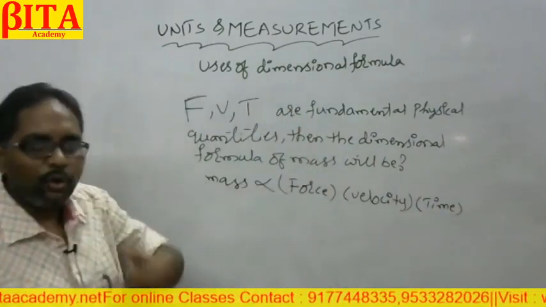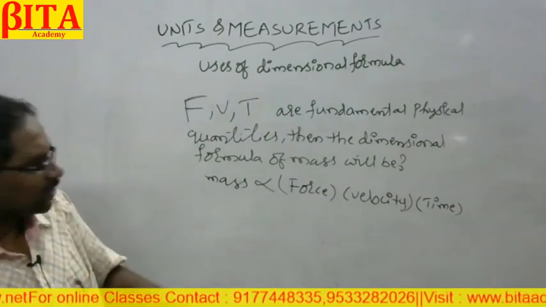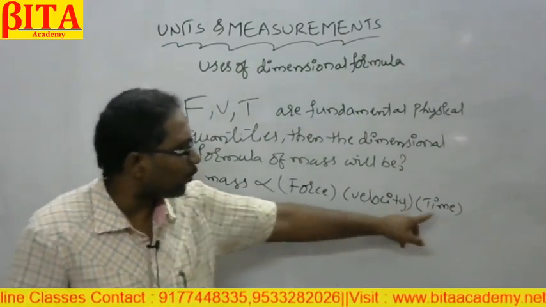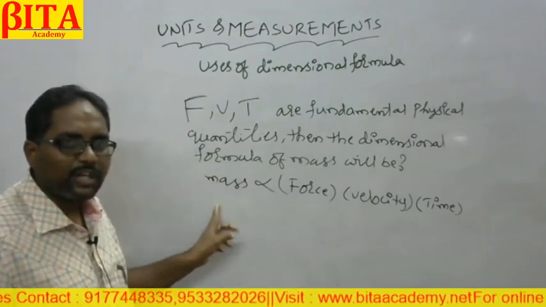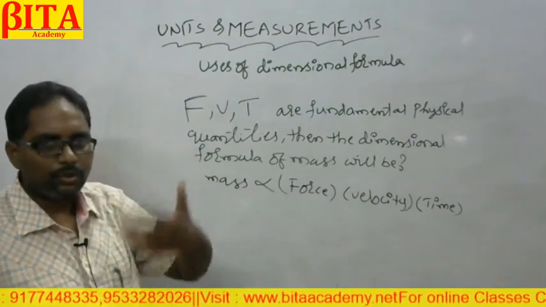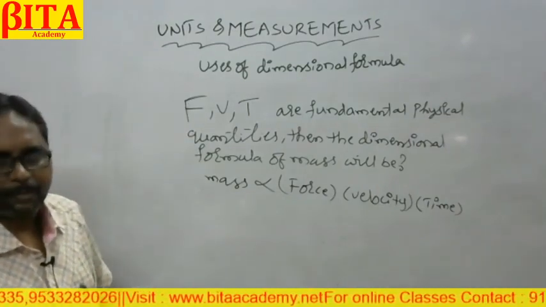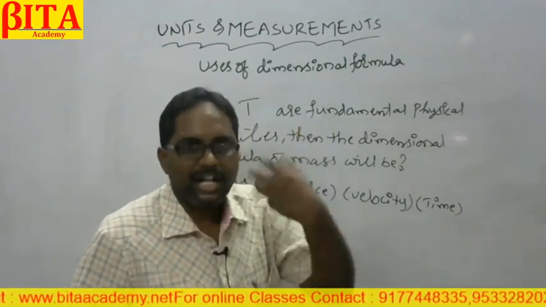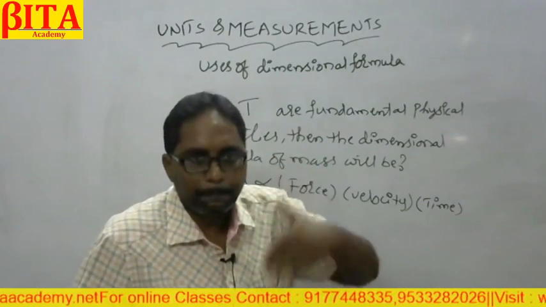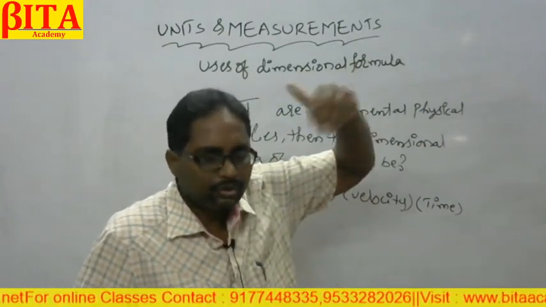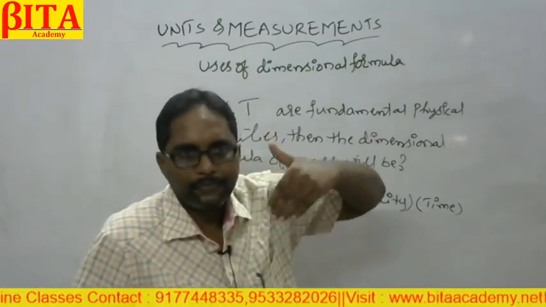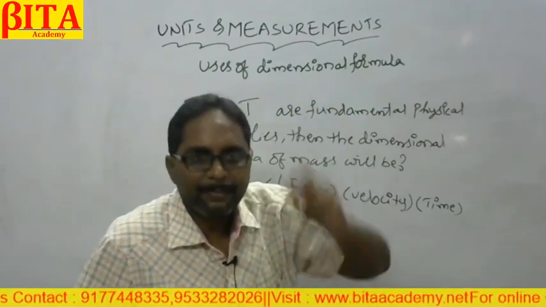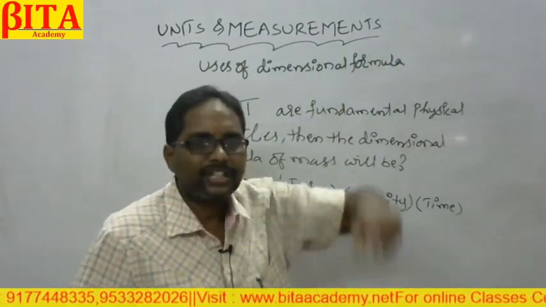As we don't know to what powers these fundamental physical quantities are to be raised to get this physical quantity, already you know that which is called dimensional formula. Dimensional formula is an expression which will tell us what powers a fundamental physical quantity is to be raised to, to get that physical quantity.